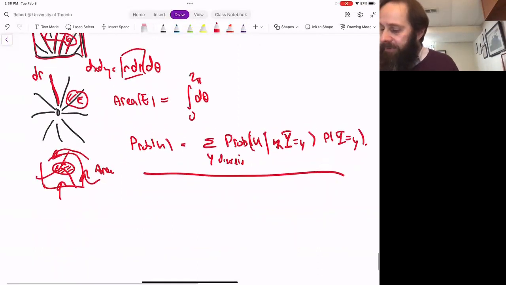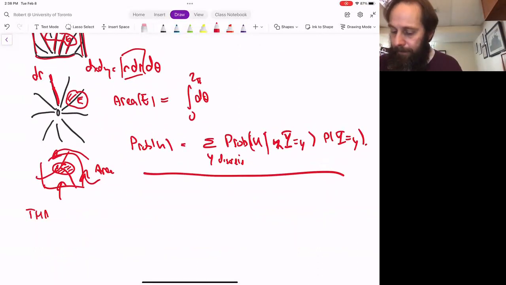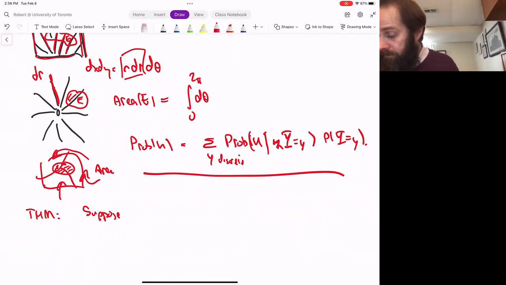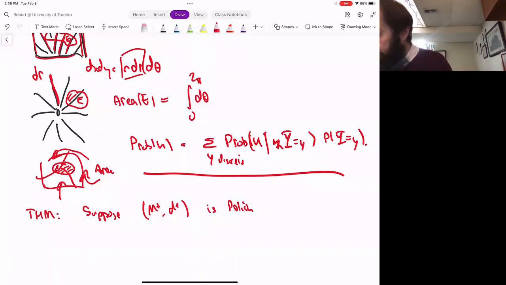And so the theorem goes the following way. Suppose M plus and D plus are Polish spaces. I suppose I have two Polish spaces, and in fact Radon would be enough.